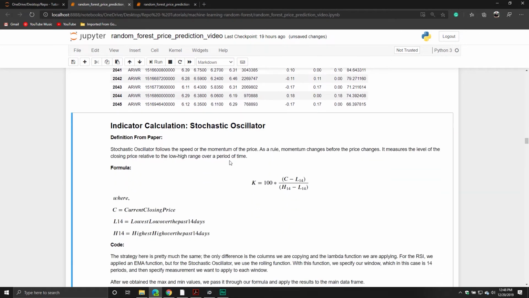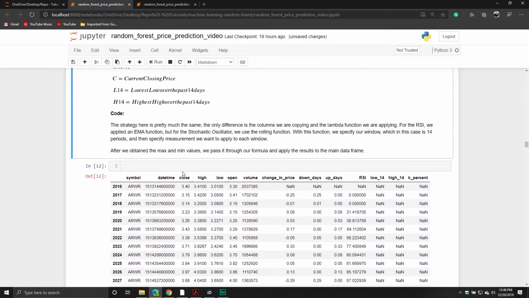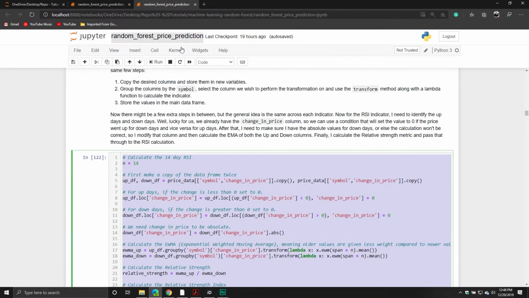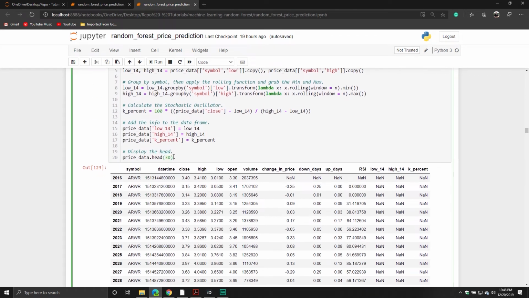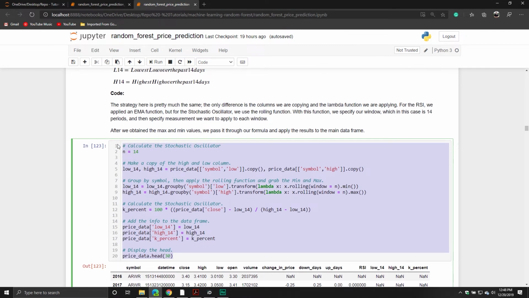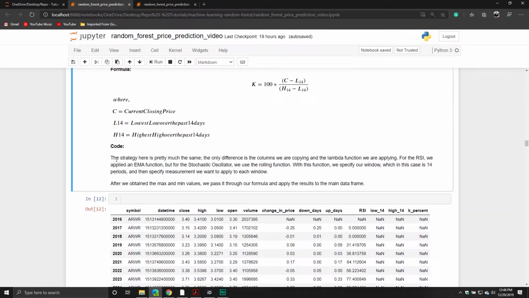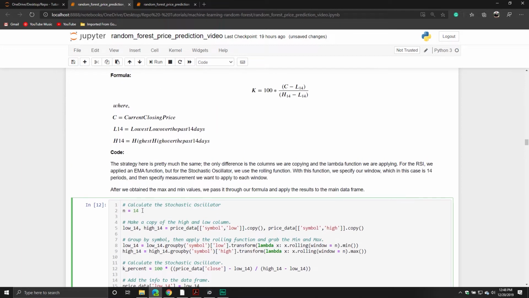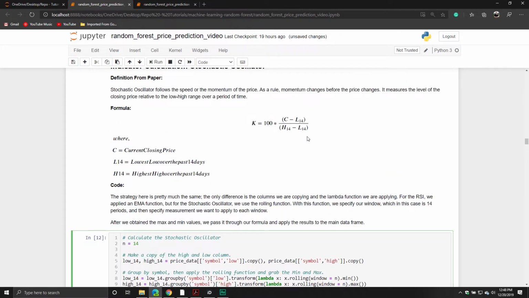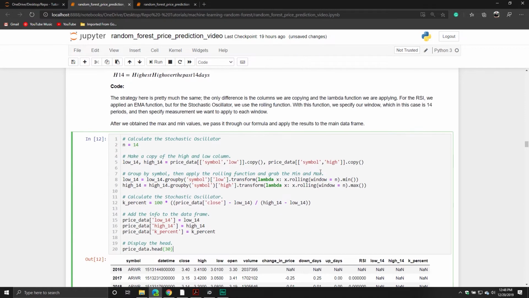Sorry about that. Okay. So what I'm going to do here is, again, copy my little formula. And you'll see it's actually pretty similar for the most part. Nothing super crazy, but it's just applying a different aggregation. So again, I still have a 14-day window that is specified by the formula itself, and in the paper they specify that as well.